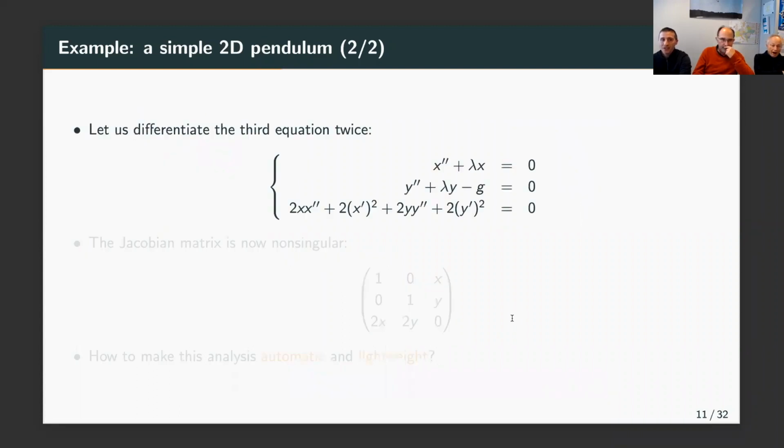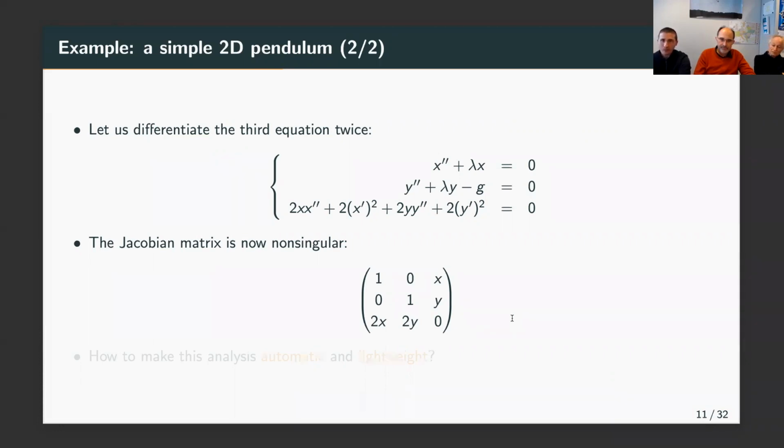And so let us differentiate this equation twice, and then the leading variables have not changed. We did not differentiate x to an order greater than 2, same for y, but now the Jacobian matrix is non-singular. So this version, let's say, of the system is amenable to numerical solving, and so time simulation is now possible.